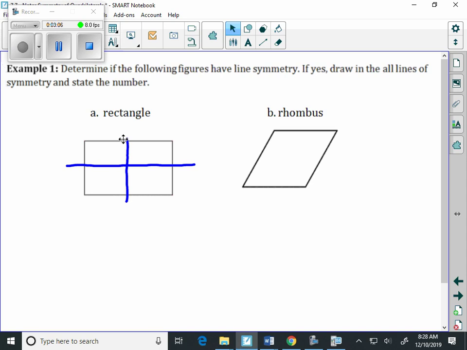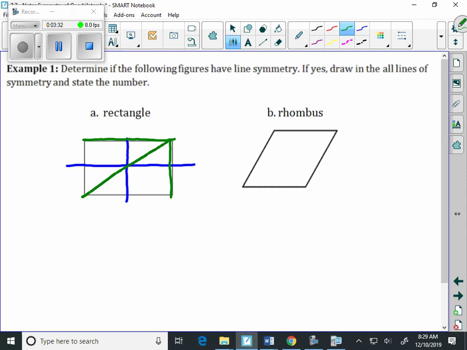I was wondering if the diagonals in this figure would be symmetry. And the answer is no, because if we folded it along the green diagonal, the short side would land on the long side.